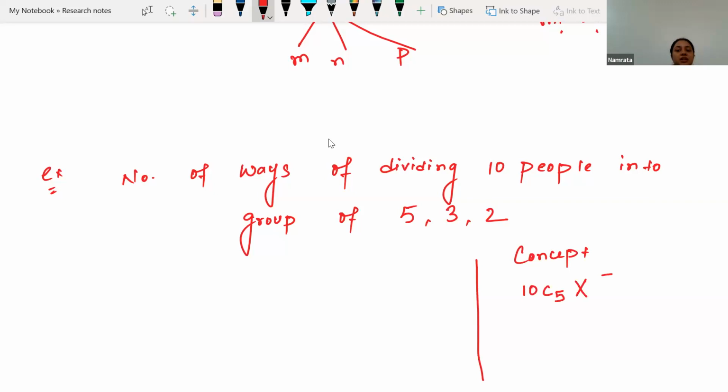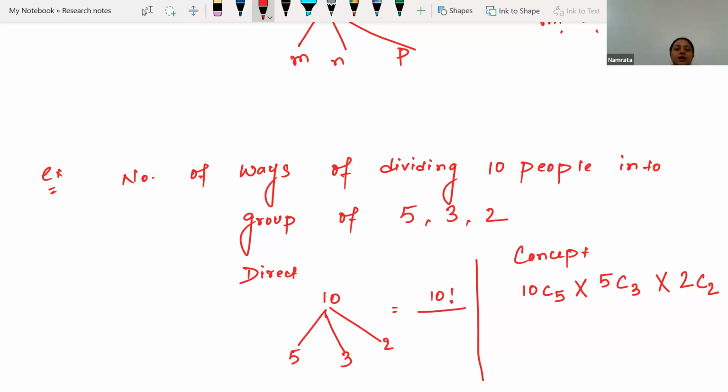Then from the remaining 5 we take 3. Then from the remaining 2 we take 2 and we are done. That's what the concept says. And the direct formula says that we have 10, we are dividing into 5, 3, 2, so we can take directly 10 factorial by 5 factorial, 3 factorial, 2 factorial. By doing either method, we will get the same answer. Is it okay?